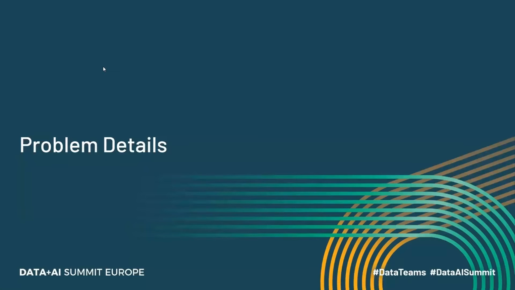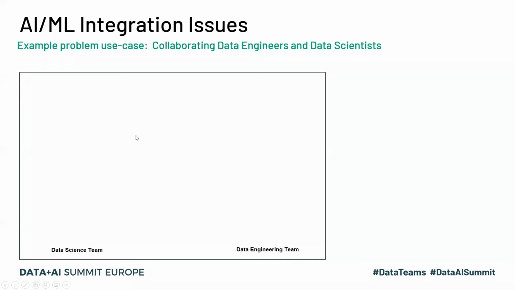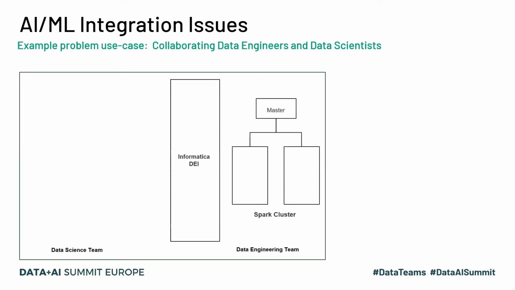So now let's discuss the problems that we face while integrating AI solutions on top of Spark. For this example, the use case that we'll be seeing is an organization which has a single data engineering team and multiple data science teams. And the data engineering team will be using Informatica DI for running the Spark jobs on the cluster.